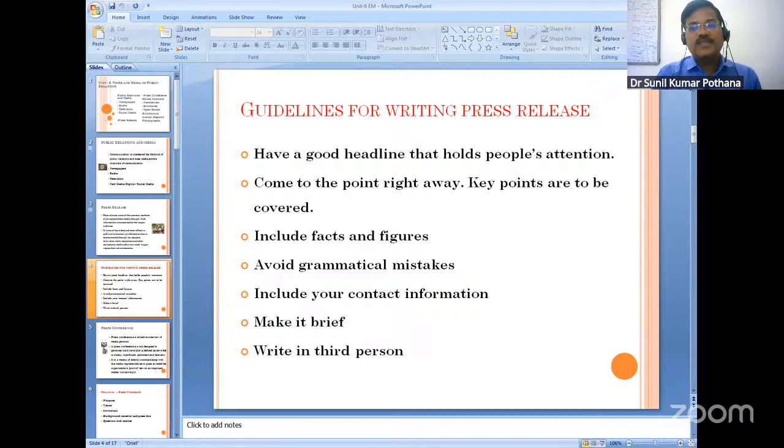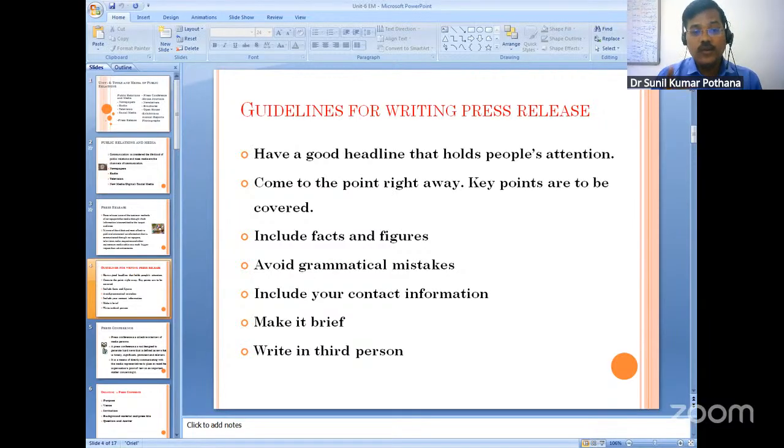We know that in semesters 1, 2, 3, and 4, we have learned various mediums, like the printing medium. The writing style for the printing medium is quite different from the writing style for electronic media. Again, in electronic media there are audio only, the radio, and audio and visual, the television. For multimedia, there are audio, visual, graphics, voice, text, interaction, and images, all included in social media.